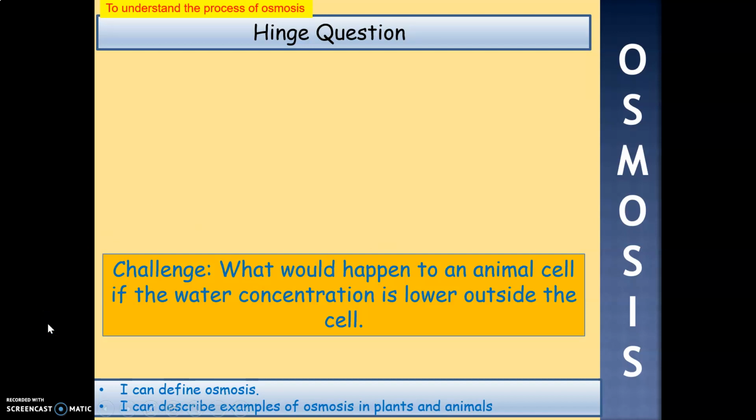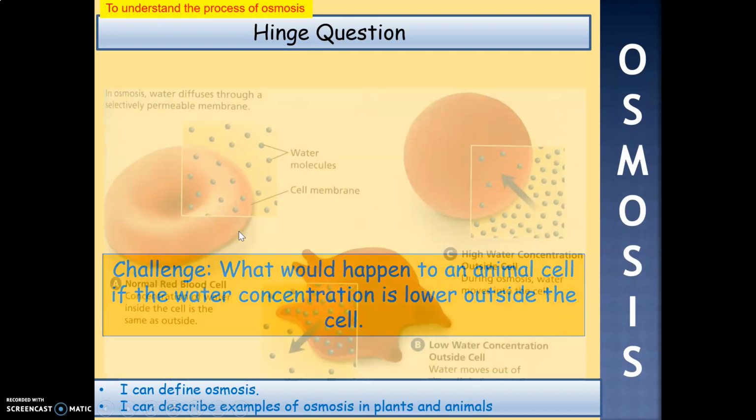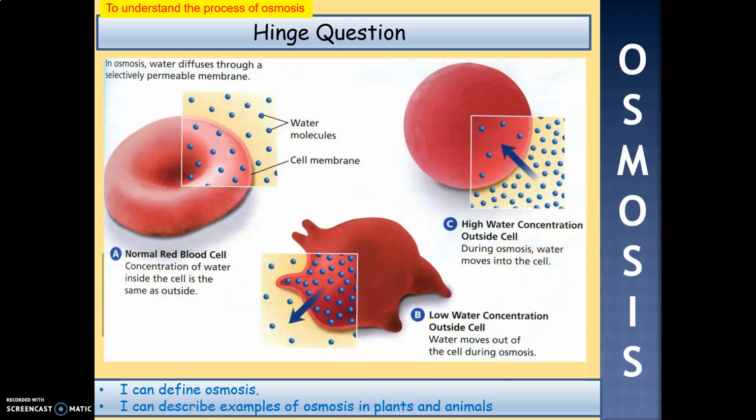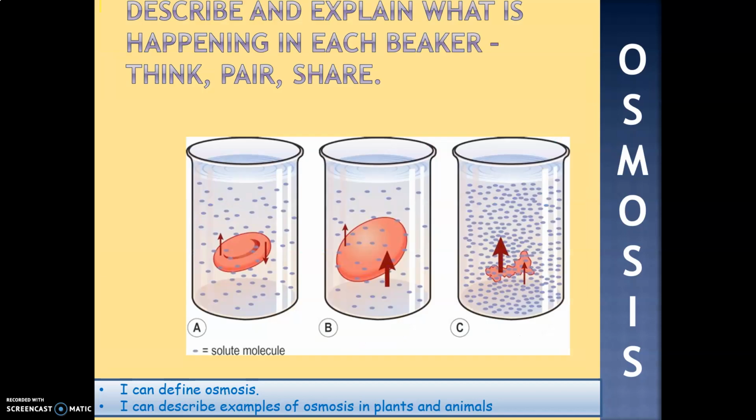It's a challenge question. Just try your best. Okay, I will leave you to read through this and then mark your answers. Call yourself well done for your excellent effort and engagement. It is just to explain what will happen in each scenario. Excellent. Well done.